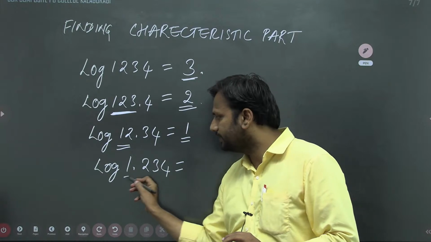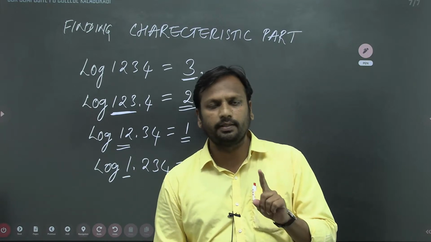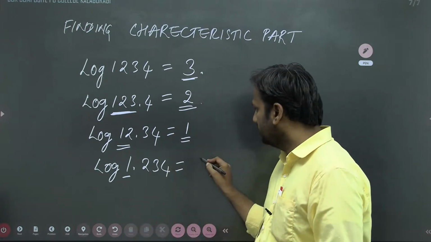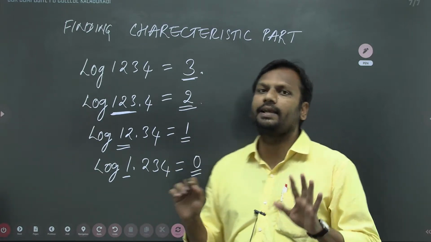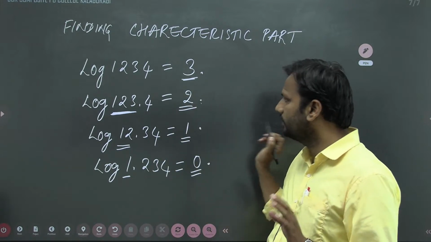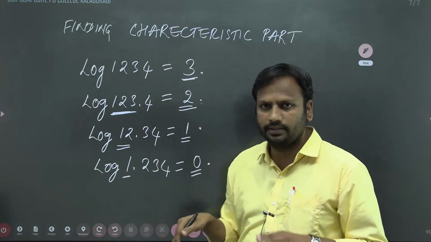How many digit number is it, students? Only a 1-digit number. 1-digit number minus 1, what do you get? 0. 0 is the characteristic part. The Mantissa part I'll tell you later. So this is the characteristic part of these log answers.